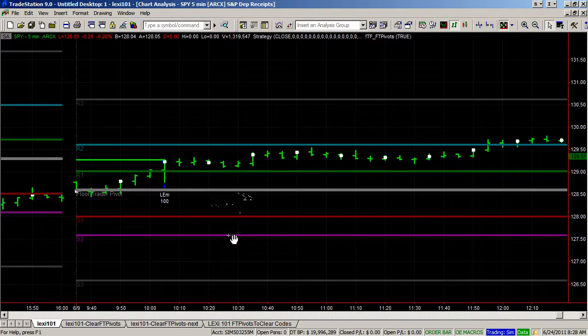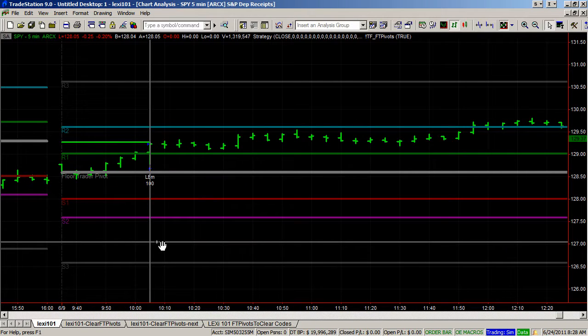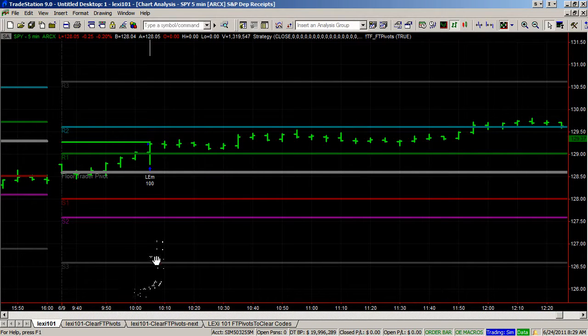Now, these pivots are calculated from the previous day's data and are very valuable reference points for determining where the next resistance price might be, or where support comes in.